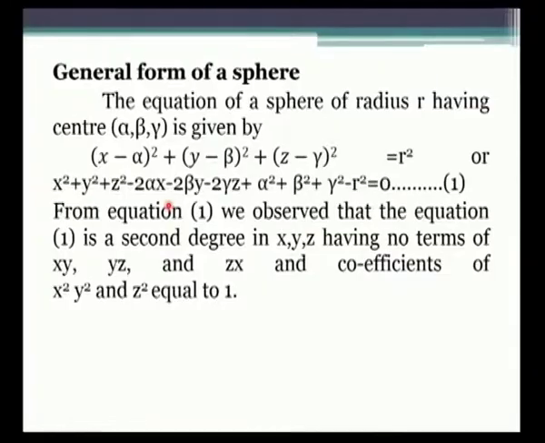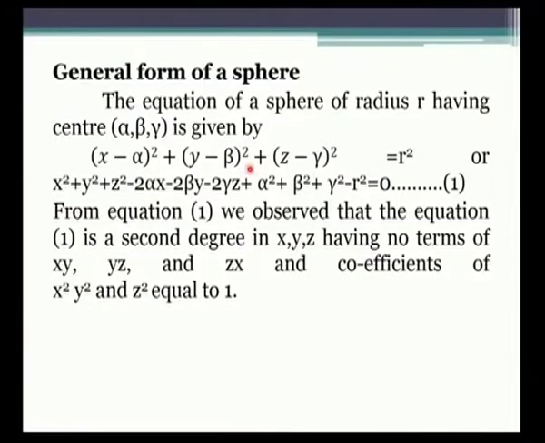To obtain the general equation of a sphere of radius r having center (alpha, beta, gamma), we need to go to the equation of a sphere whose radius r and center are given as (x minus alpha) whole square plus (y minus beta) whole square plus (z minus gamma) whole square is equal to r square.